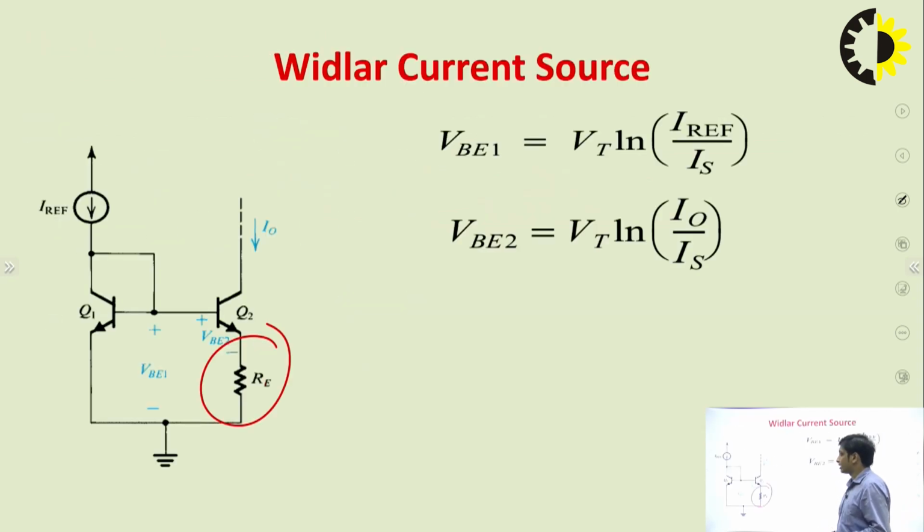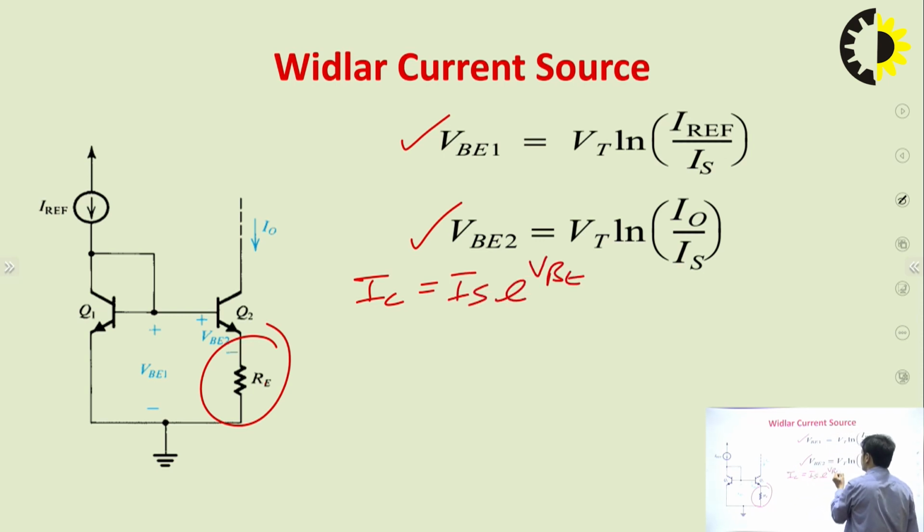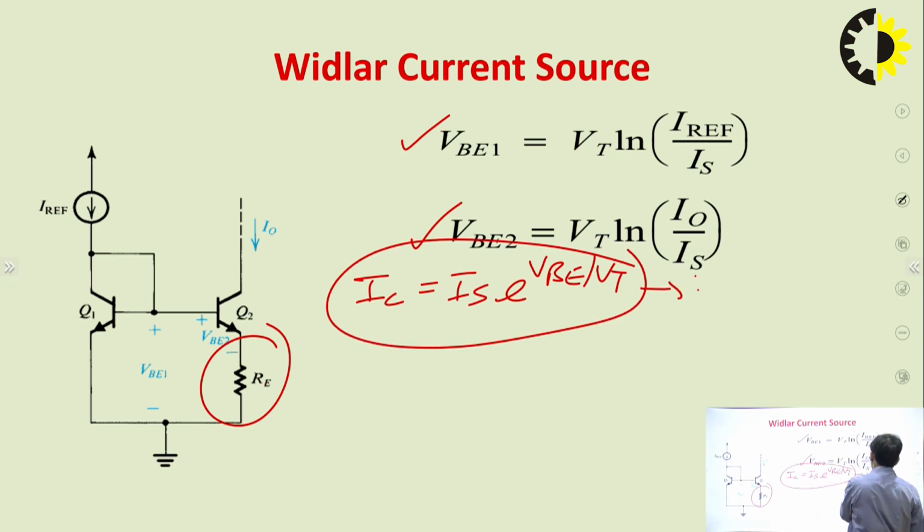Now coming to the derivation part. From the circuit of Widlar current source, this is the standard equation of VB1 and VB2. You can calculate this VB1 and VB2 with the help of the collector current equation, that IC is equal to IS e to the power VB by VT. This is the basic equation of collector current. So from this equation you can find out the value of base to emitter voltage.